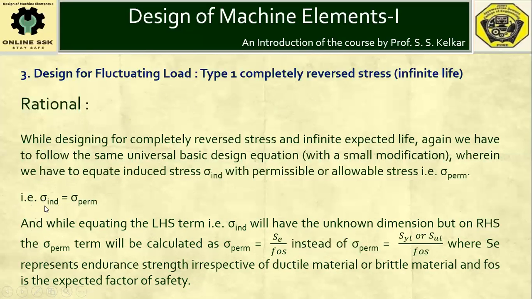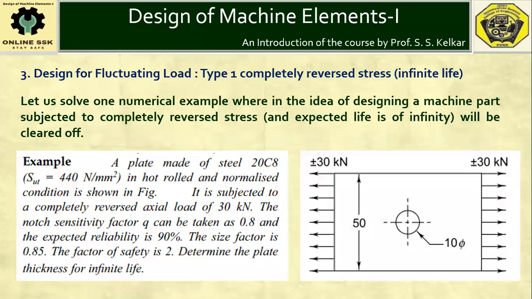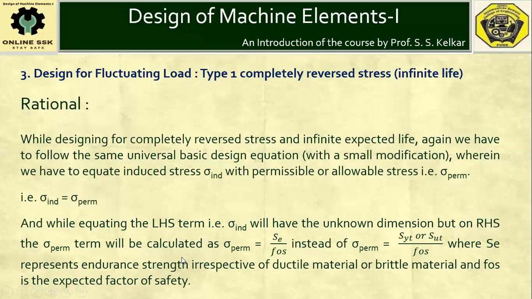While equating sigma induced with sigma permissible, there will be an unknown dimension on the left hand side, calculated in the usual way as in case of static load. The main difference lies in the right hand side, where permissible stress is calculated by dividing the endurance strength with factor of safety, as against SYT or SUT divided by factor of safety.